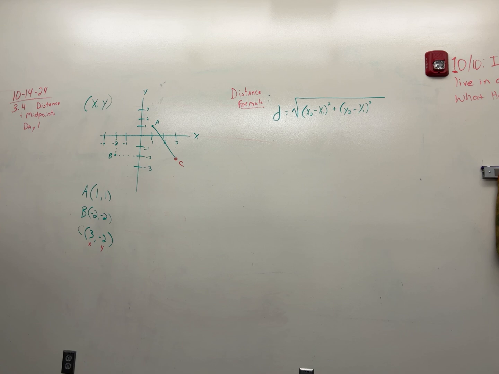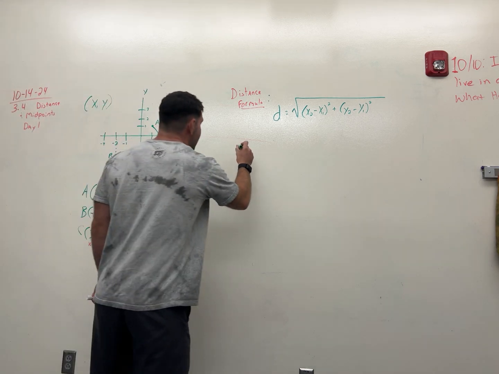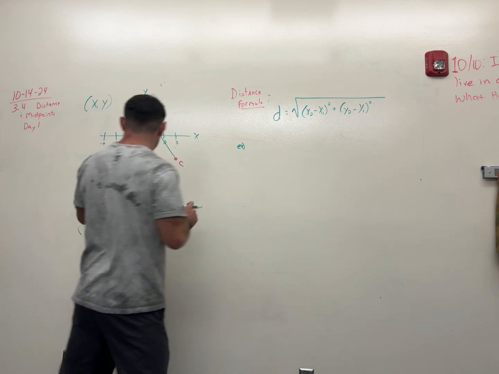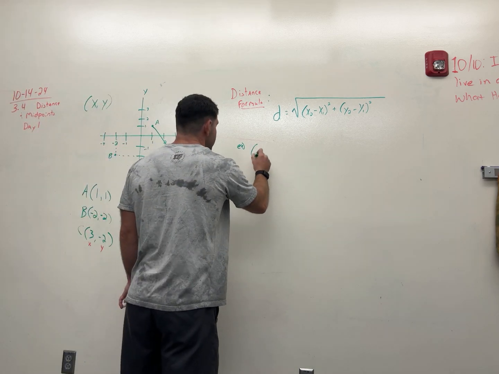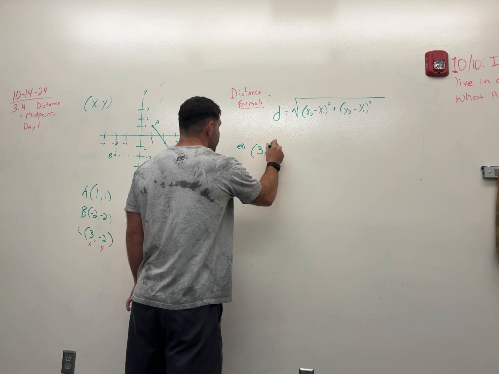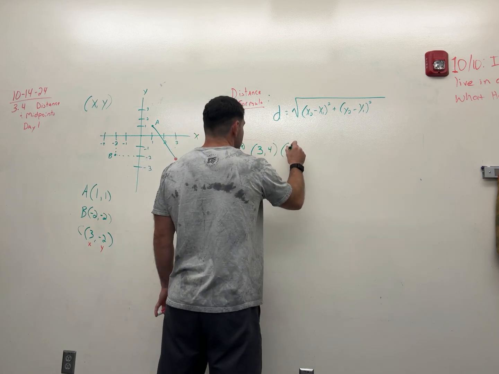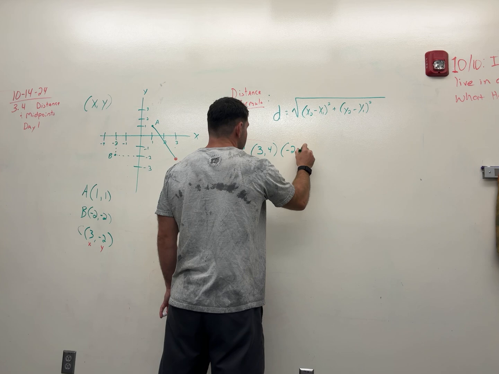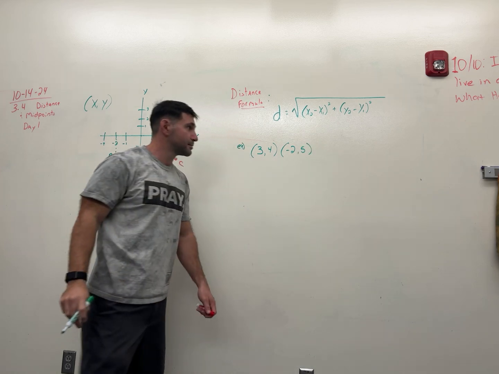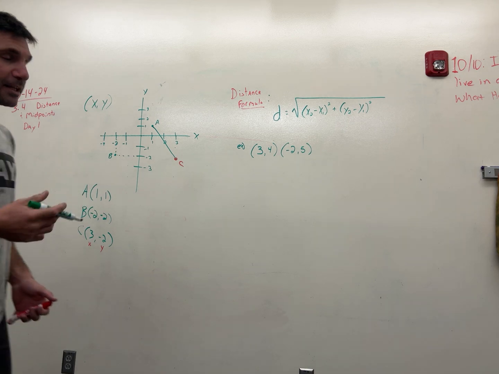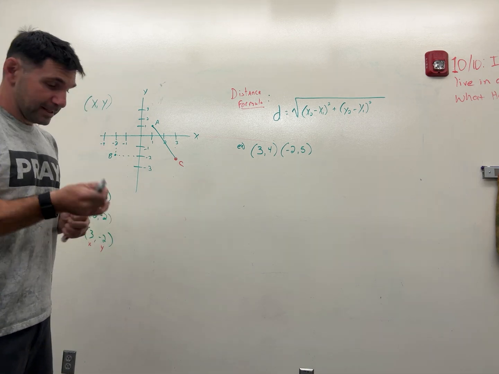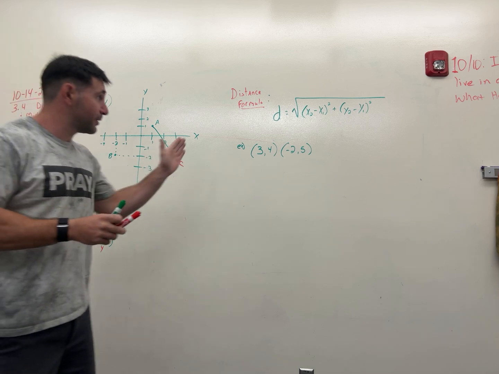Okay? So, what does this mean? Well, here's my coordinate grid. Without a coordinate grid, how can I do this? 3, comma 4, negative 2, comma 5. We are going to find the distance between these points. Now, the first thing that we're going to do is say, which point is first? Well, we read from left to right.